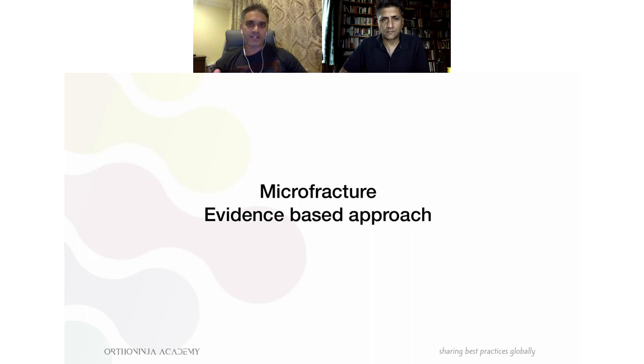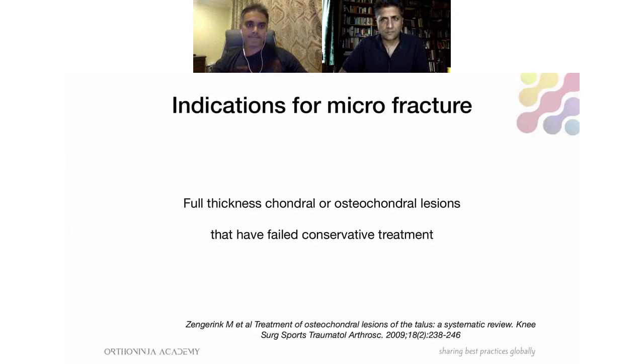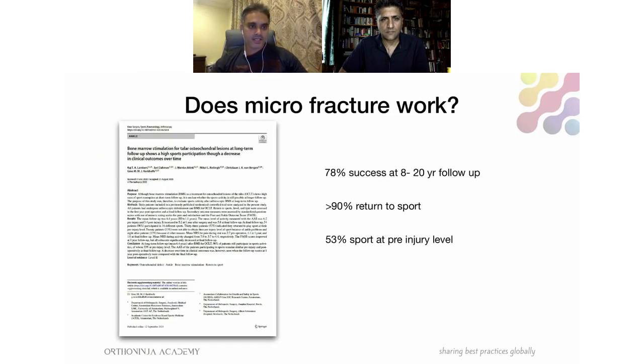Because microfracture is such a daily bread and butter with all of us, we're going to just deep dive into the evidence and how we should be doing this. We know it's indicated for full thickness chondral or osteochondral lesions. This is a paper by Lambers et al., and Amer is going to push this to you. It's worth having a read.